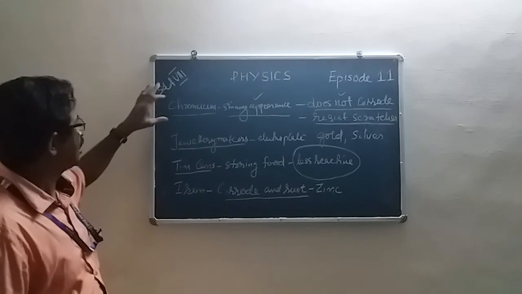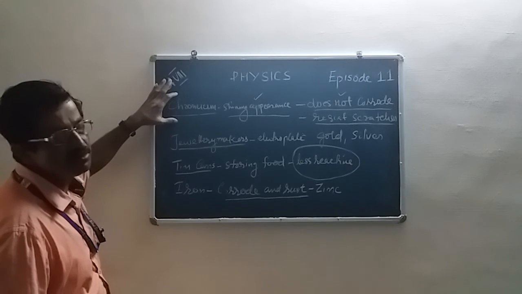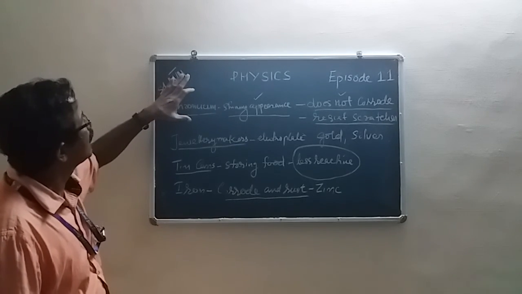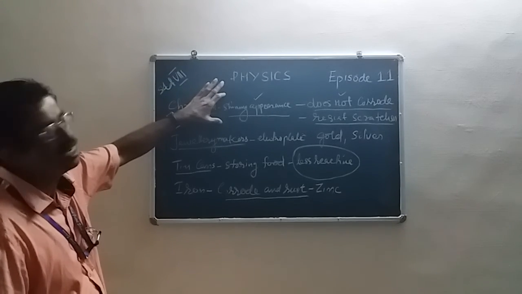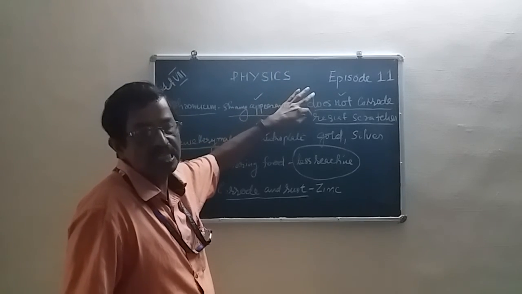What are the uses given here? One, chromium. What is the importance of using chromium for electroplating? It gives a shining appearance, does not corrode, and resists scratches.